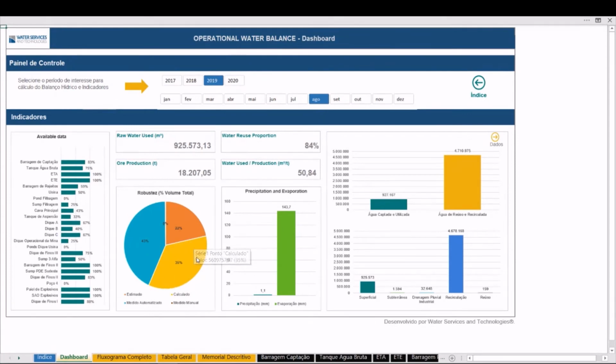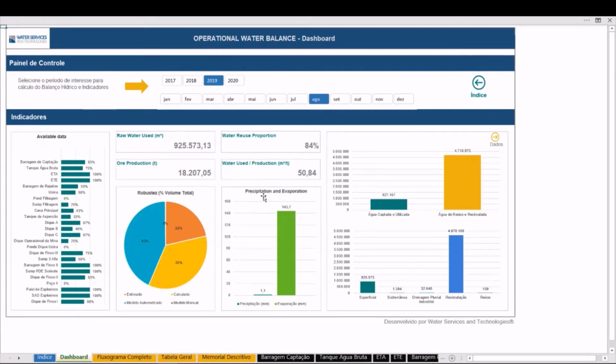On yellow, we have the calculated data. On orange, we have the estimated data. So it shows the reliability. It shows if the data is reliable or not. So if we have automatic measured data, it's more trustful data than estimated data, for example.